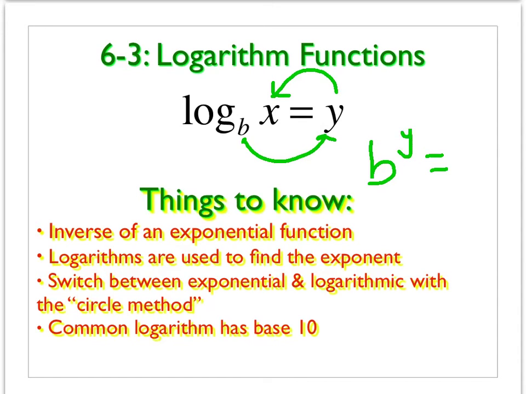That's the circle method. Start with the base, circle up, b to that power equals x. If you start with an exponential, the base of your log is the base of your exponent, and then just switch the other two.